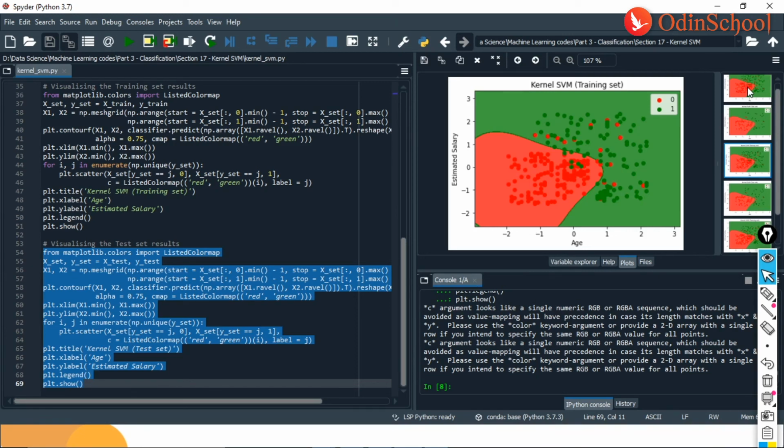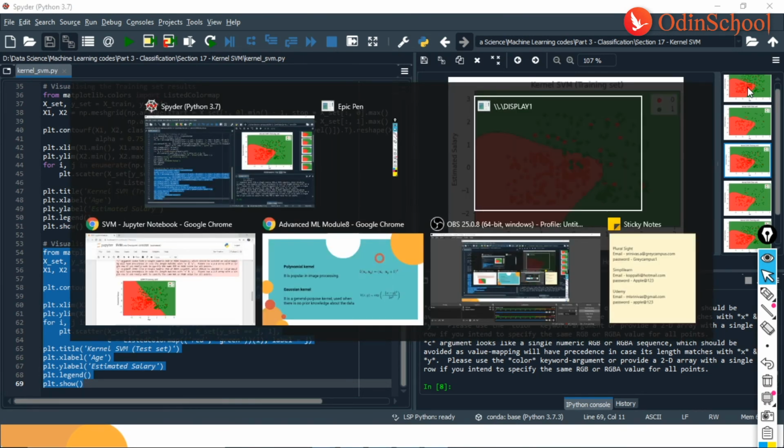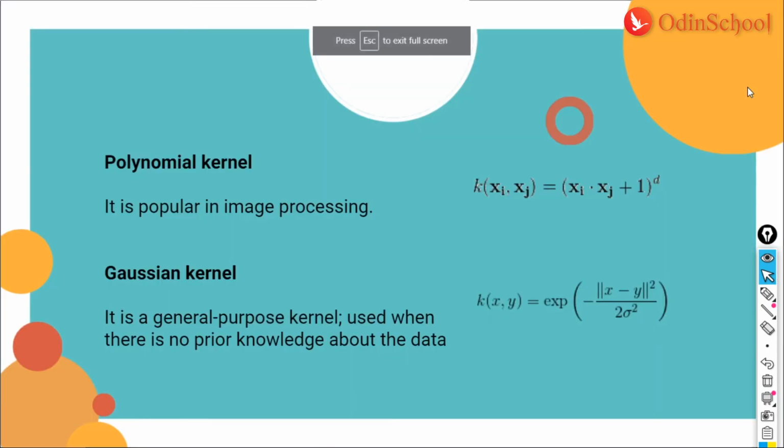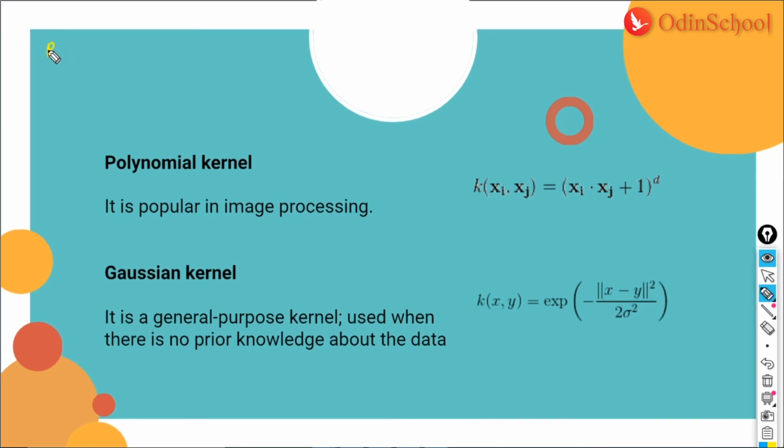Right, guys? So this is an understanding about how we work on SVM and what it is. But notwithstanding this, let me just clear the screen and go back to the slide. Right, here it is. Notwithstanding this, we know that SVM can be performed using R or Python.